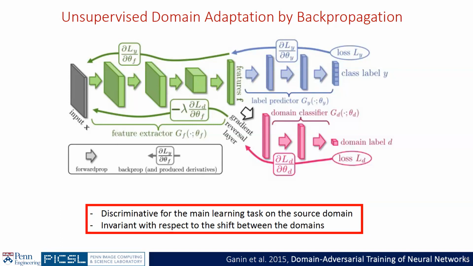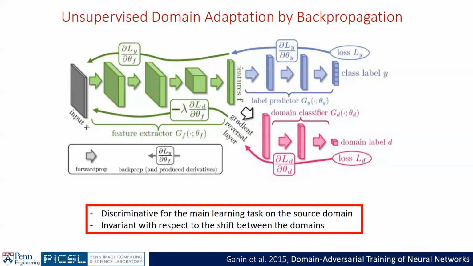So all they did to make this invariant is, while doing backpropagation, they multiply the gradient at this level, from the classifier layer to the feature layer, by -1. So while computing the gradients of this particular loss function with respect to the network parameters, somewhere here, they just multiply it by a negative quantity.